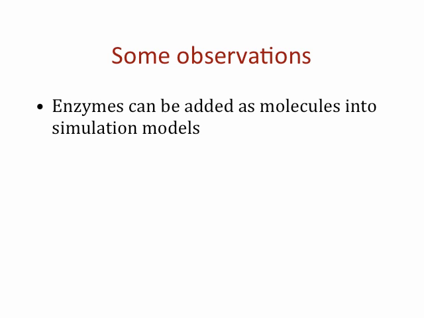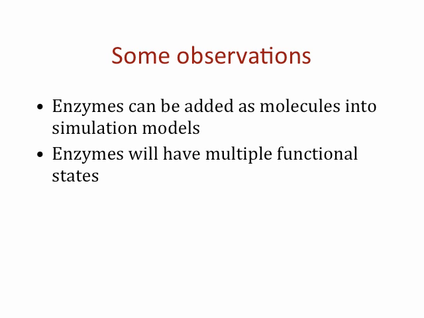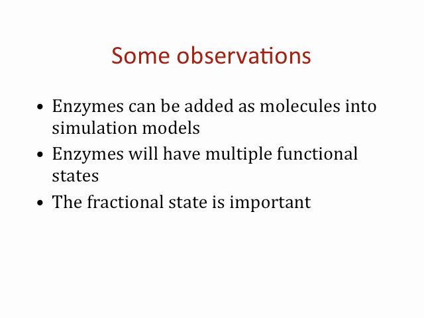So we're going to make some observations here. Enzymes can be added explicitly as molecules into simulation models. Enzymes can have multiple functional states, as illustrated by the dimer and the tetramer, and the active and the inactive state, and so forth. The fractional state is important.